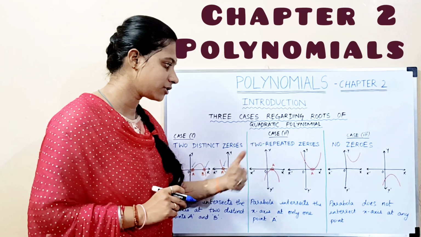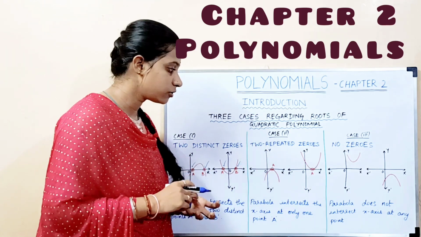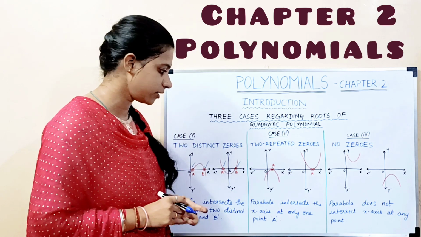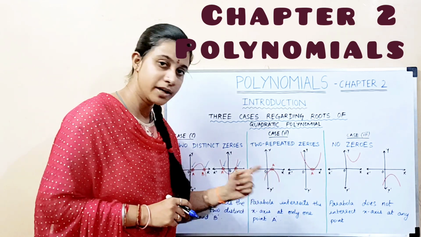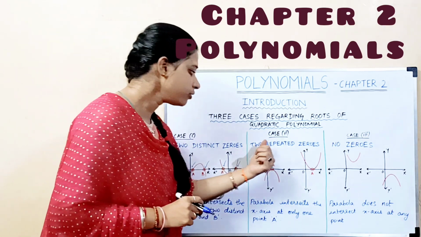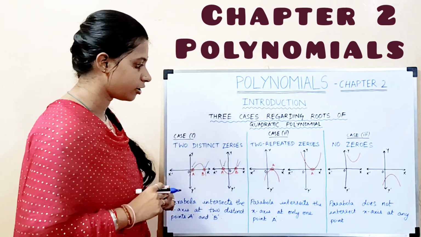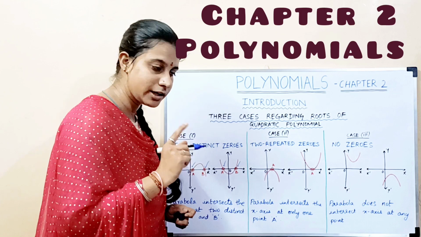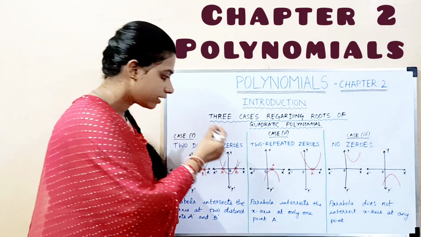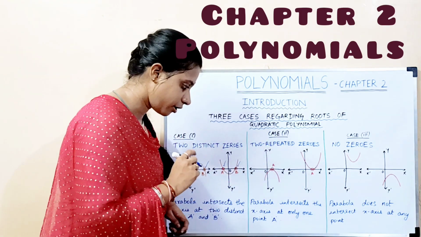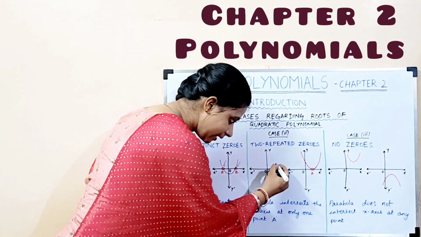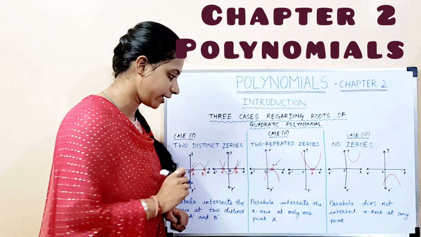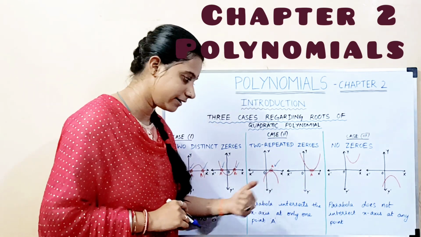Now coming to case 2, two zeros, that is repeated zeros, two same zeros. Okay, the same number will be repeated twice. Coming to case 2, the quadratic polynomial has two repeated zeros, that is the same value is repeated twice. Now in this case, if we plot the graph, we can see that the parabola intersects the x-axis at only one point, that is A here.